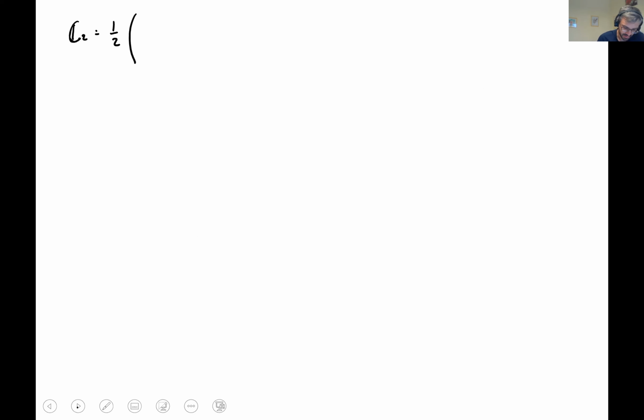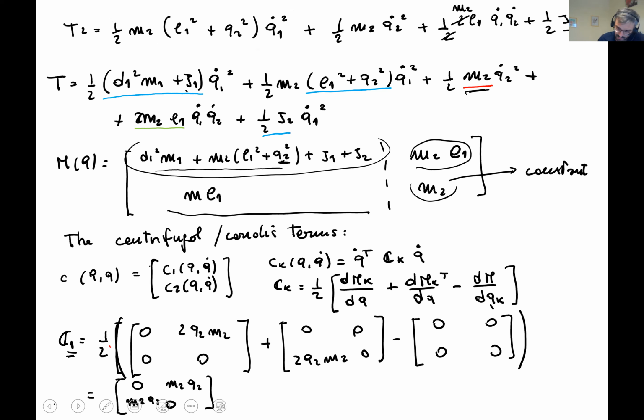So its derivative with respect to Q2 and Q1 is 0. Sorry, yeah, so it's a matrix of all zeros. The transpose is again zeros. The only thing which is non-zero is whenever you differentiate a matrix with respect to Q2. These three are both zeros because they are constant.